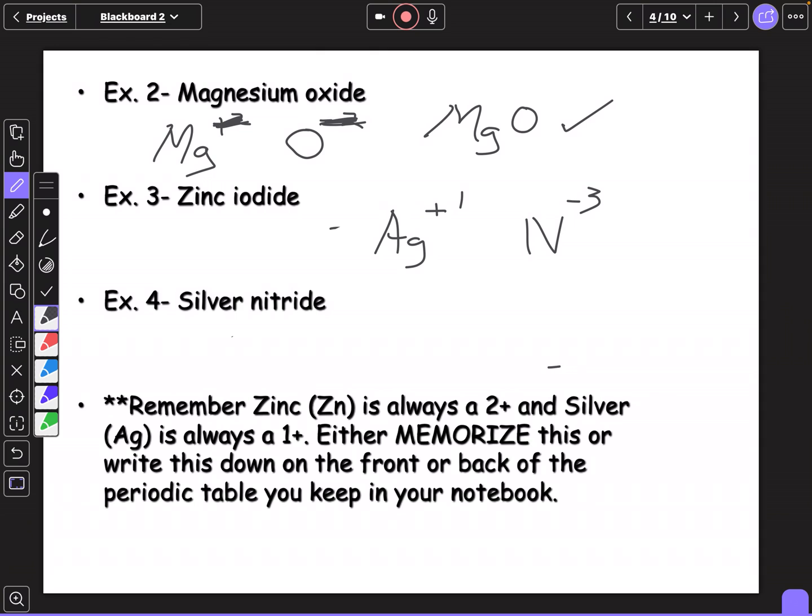I know this is a total of -3. To make this equal 0, I'm going to need this to be a +3 when I add them. So how do I get it to do that? Well, I have to add 2 more of these ions. And that leaves me with Ag3N.